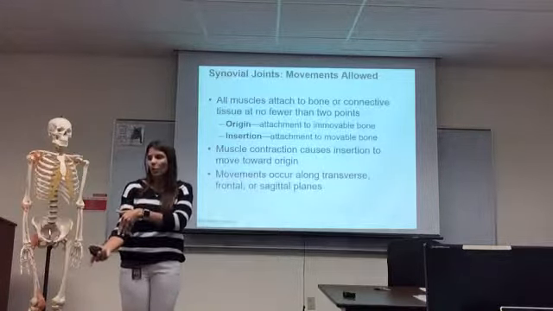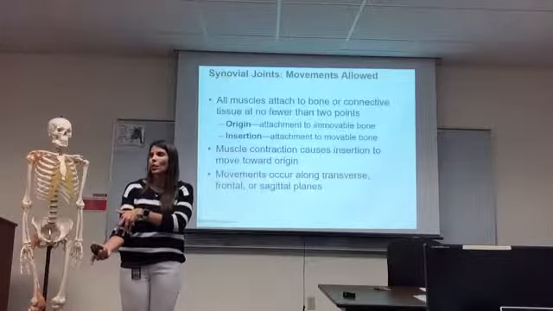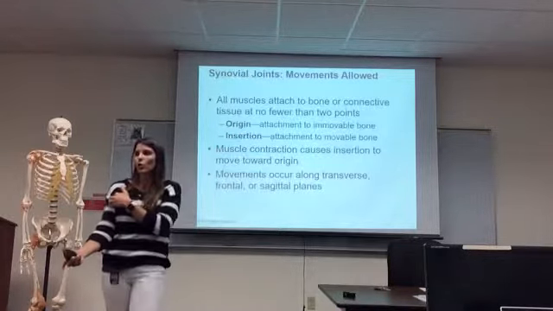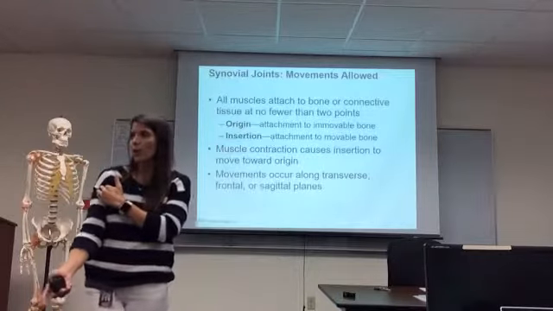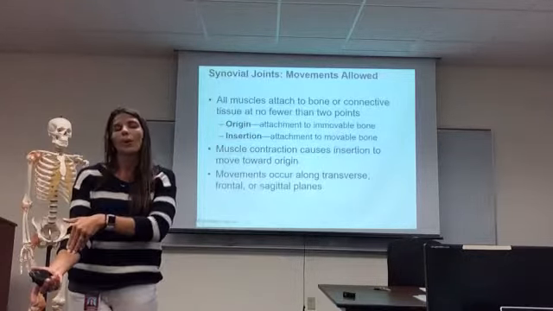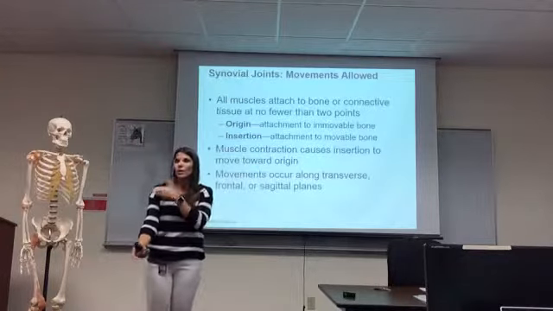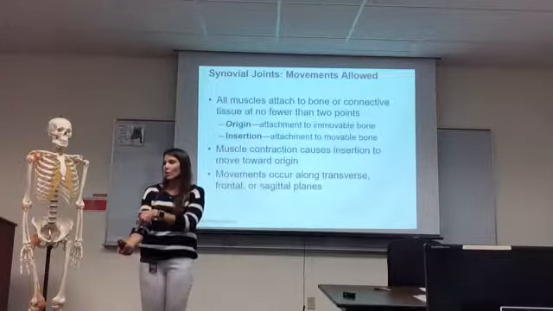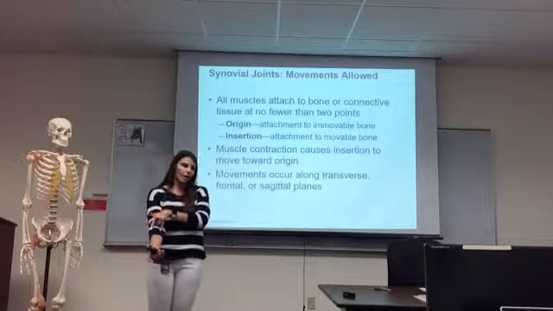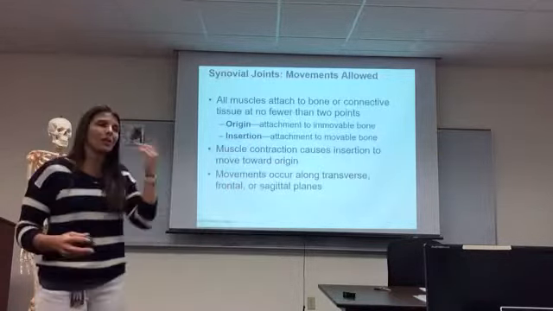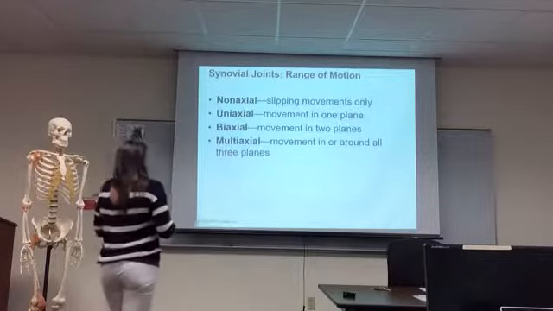Its insertion is what bone it attaches to that I move. So when I flex that muscle, it moves those bones. The origination point is its immovable attachment, and the insertion point is the movable attachment. So for my biceps, the origin point is the humerus, the insertion point would be my ulna and radius. That's a preface to what we're going to get into the next time that we lecture.